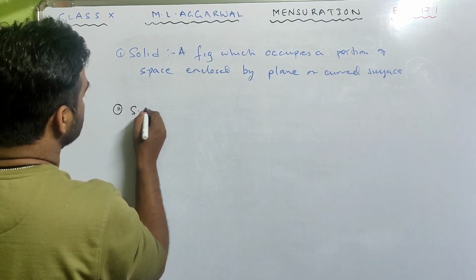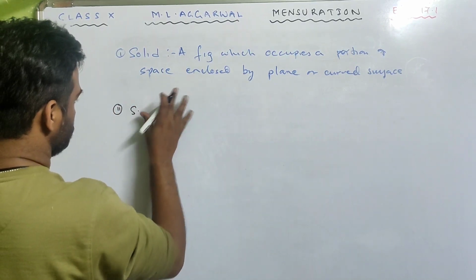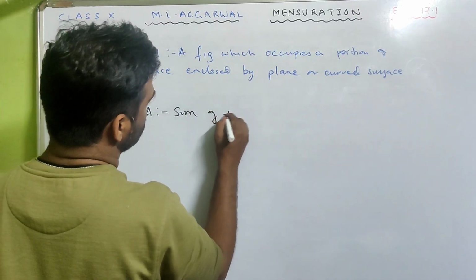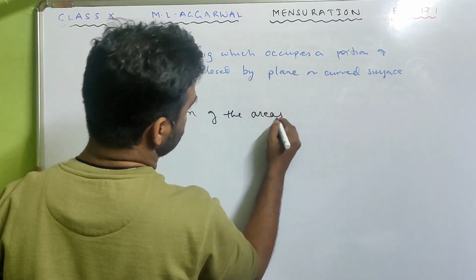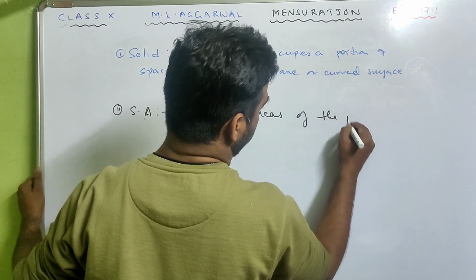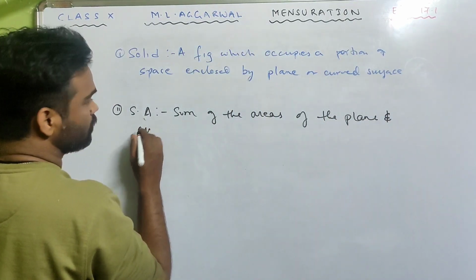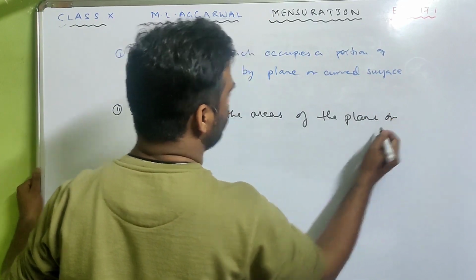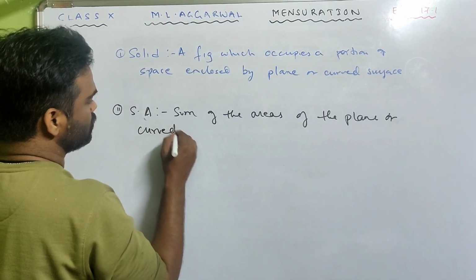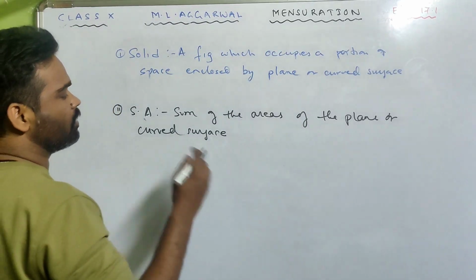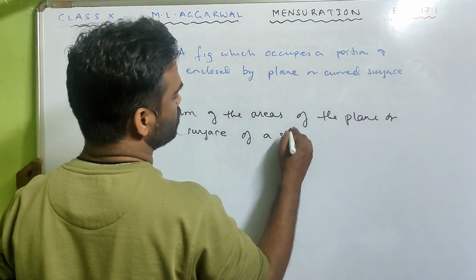Number 2, surface area. Surface area is the sum of the areas of the plane or curved surface of a solid.